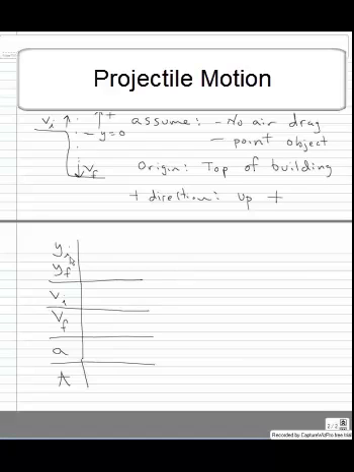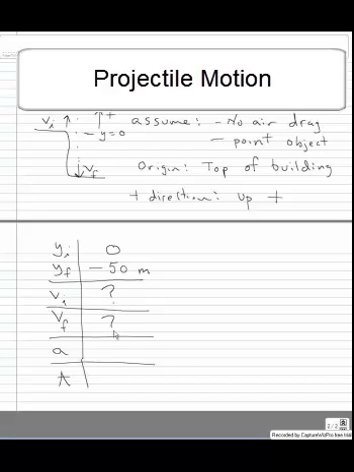So what's our y initial? Well, we're starting out at the top of the building. We said that was our origin. So we're starting out at 0. Our y final is down here. And it's given in the problem that's 50 meters below our starting point. So that's 50 meters in the negative direction from our origin. So negative 50 meters. V initial is what we're solving for.